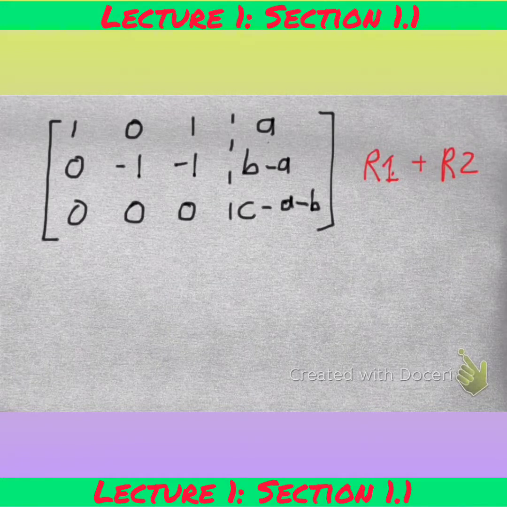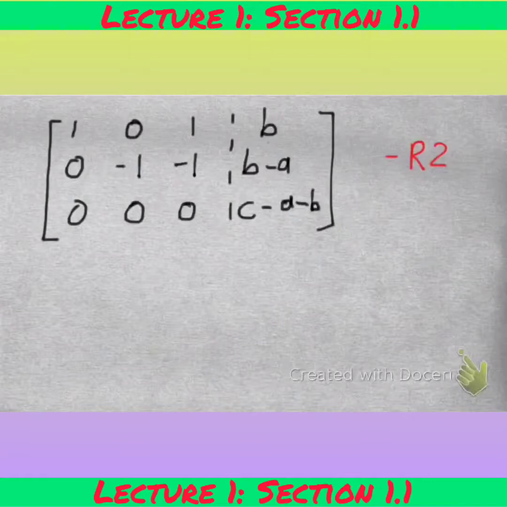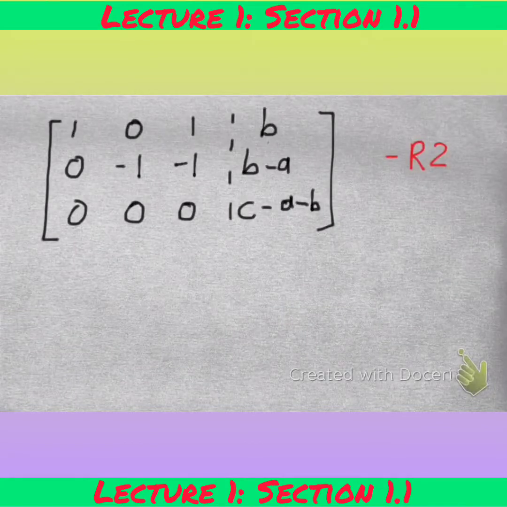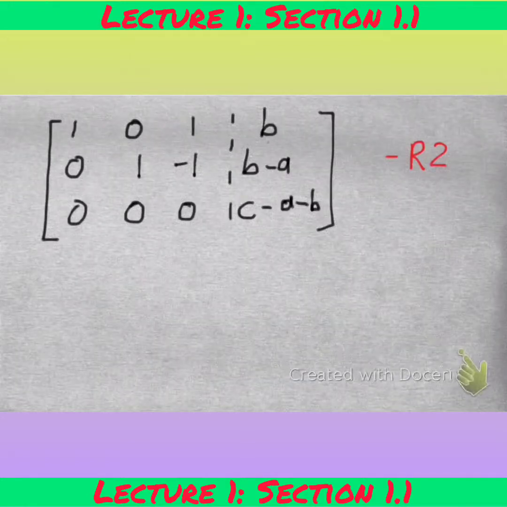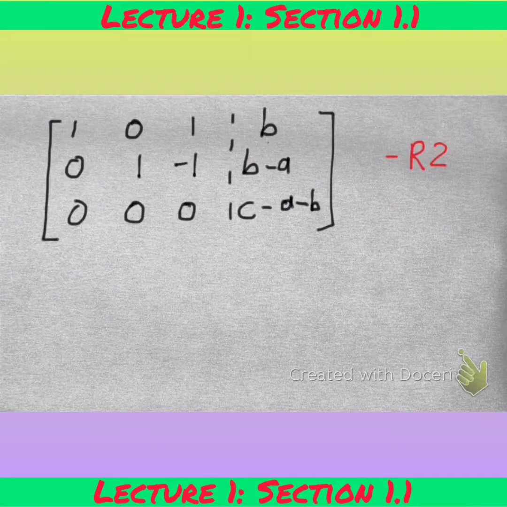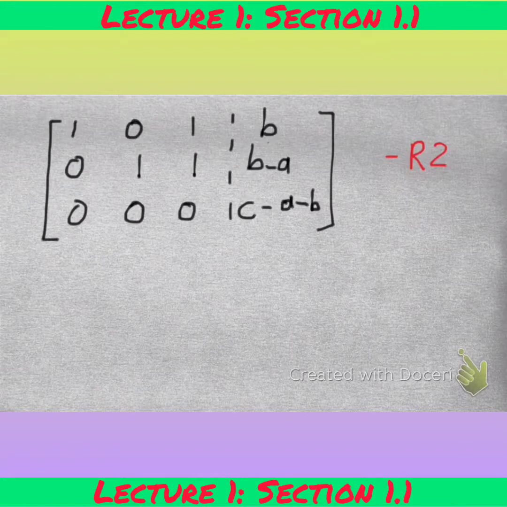And the last entry is going to be b minus a plus a, and that is going to become b. And then lastly, we're changing the second row by multiplying it through with -1. That's going to become +1, that's going to become +1, and basically then we've got a minus b.